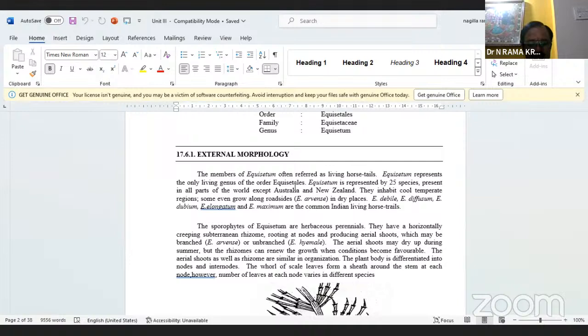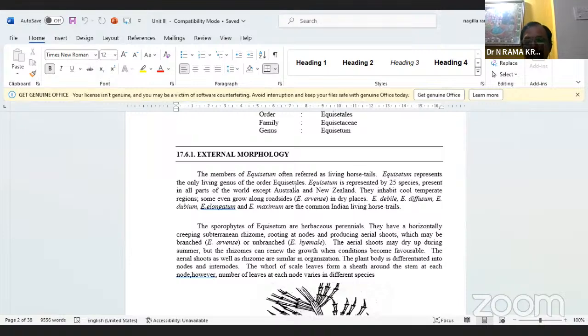Most of the species occur in wet places and cool temperate regions. Some species grow by ponds, lakes, and stream banks.